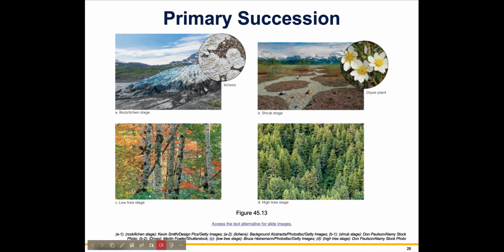And then we're able to get these low trees like maple and oak trees. Those will live and die, and eventually we have our replacement with our high coniferous trees, and then that is our end of that primary succession. We've reached our climax community.